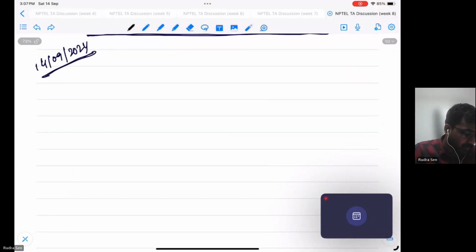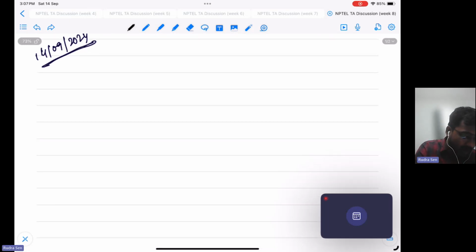So first, I'm going to discuss trajectory tracking. Okay. So let's say I have a system. In trajectory tracking, in the previous class, we have designed... So let's say our system is x dot equals ax plus bu and y equals cx.